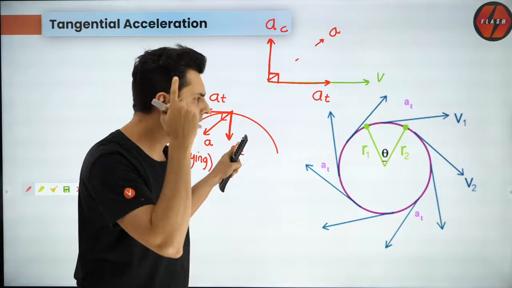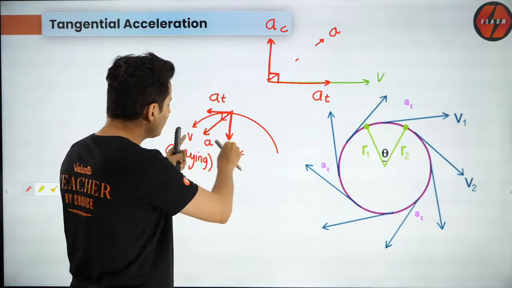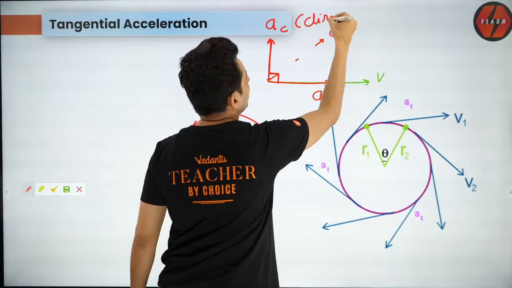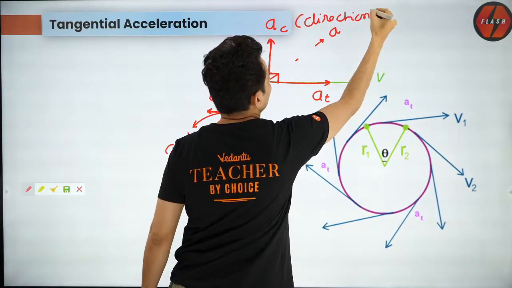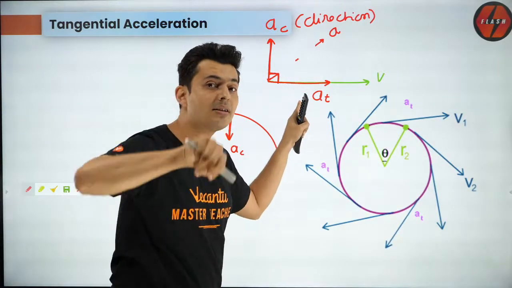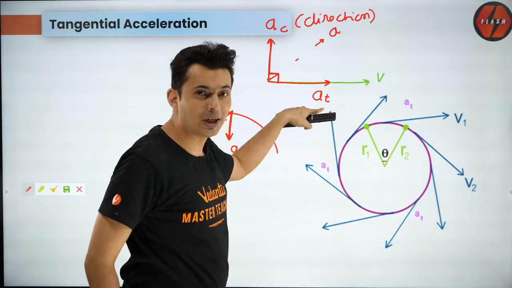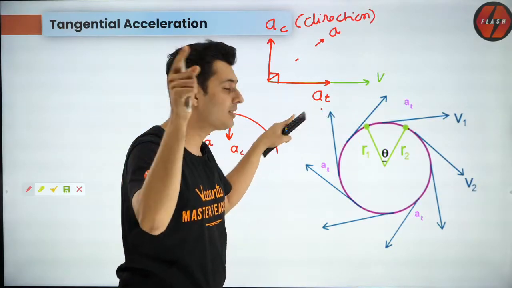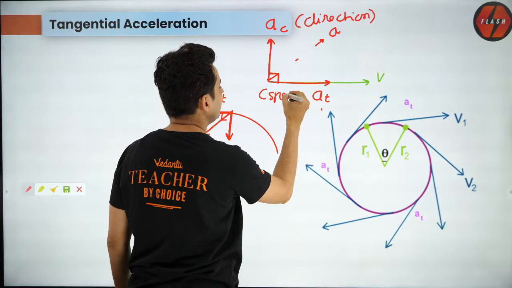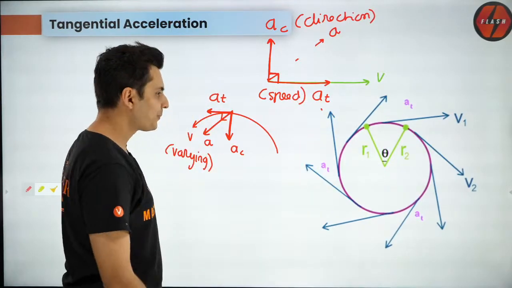What is the job? Think about it. Centripetal acceleration is only responsible for changing the direction. It only changes the direction of the velocity, nothing else. It does not change the speed. Who changes the speed? Remember, I just introduced tangential acceleration because the speed was varying. So tangential acceleration is responsible for changing the speed.